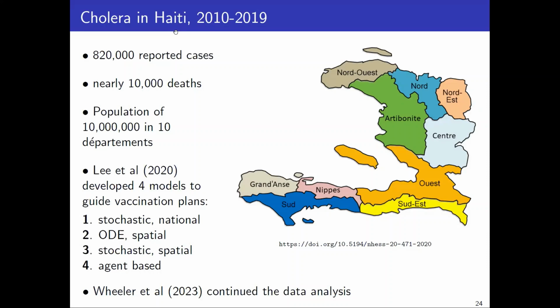They did a stochastic model, a partially observed Markov process model at a national level, an ODE that's spatially explicit, a stochastic model that's spatially explicit, and an agent-based model, one of these massive complicated things explaining what everybody in Haiti did. Well, it's kind of interesting because they all got it wrong, despite agreeing with each other.